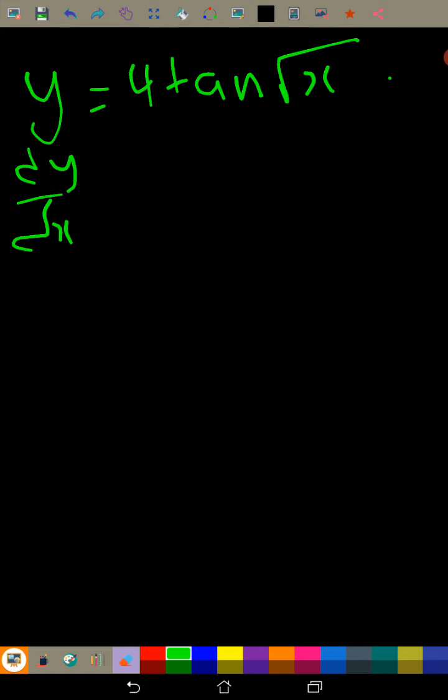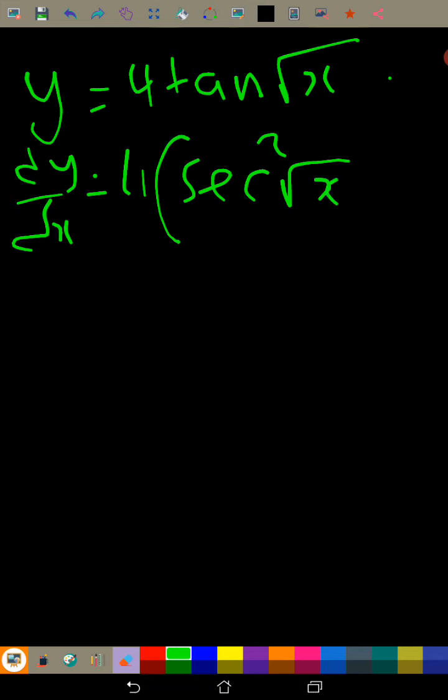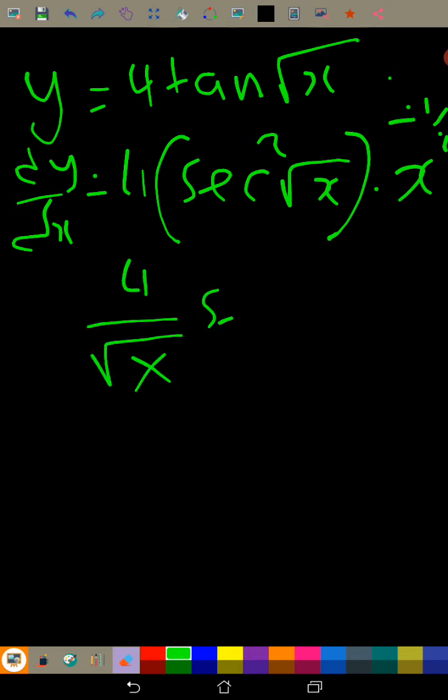and y is equal to 4 times root of x. dy by dx is going to be, this is outside, so we have sec squared root of x times x to the minus half. I think that's how it is. We have 4 root of x sec.